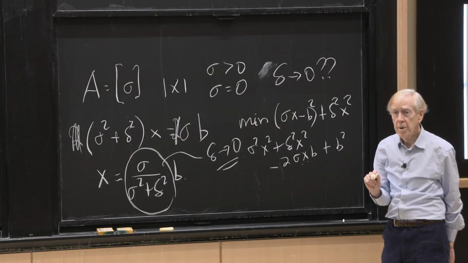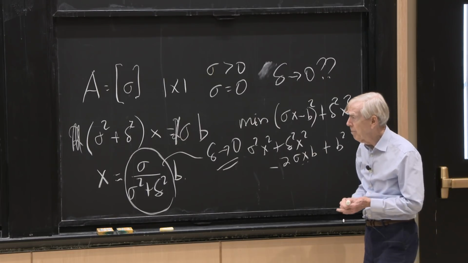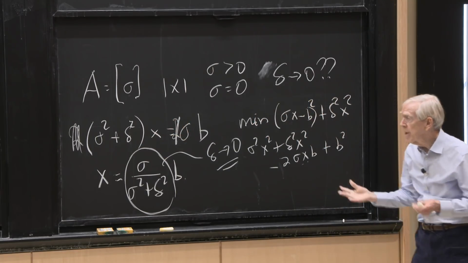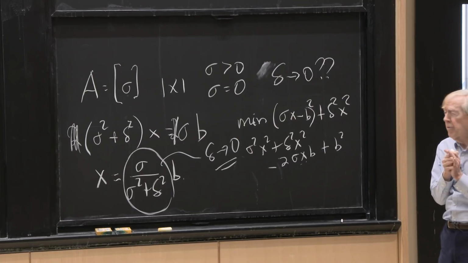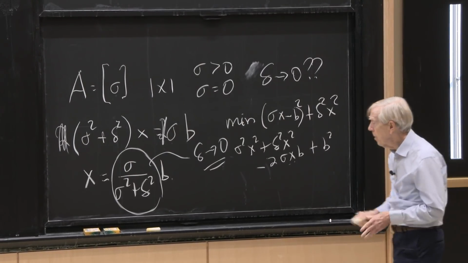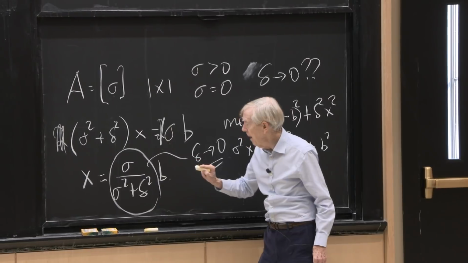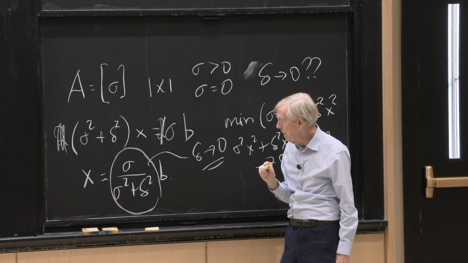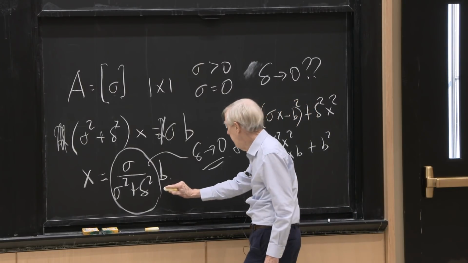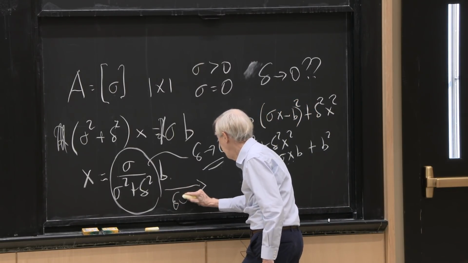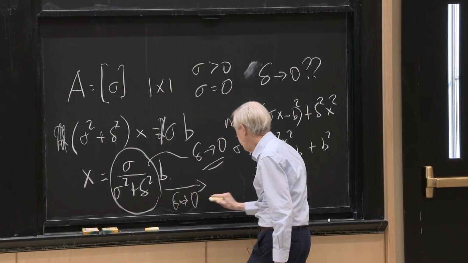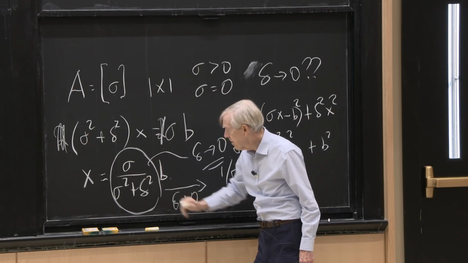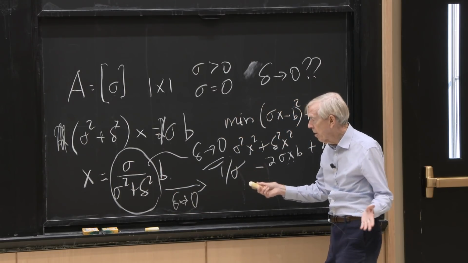So I'm finding out for a 1 by 1 problem what a penalized least squares problem, ridge regression, what happens as delta goes to 0? Now let delta go to 0. So that approaches 1 over sigma, right? Because delta disappears, and sigma over sigma squared is 1 over sigma. So it approaches the inverse.